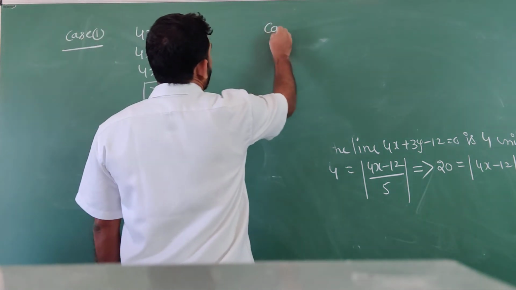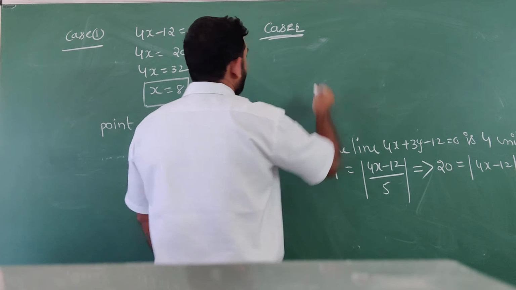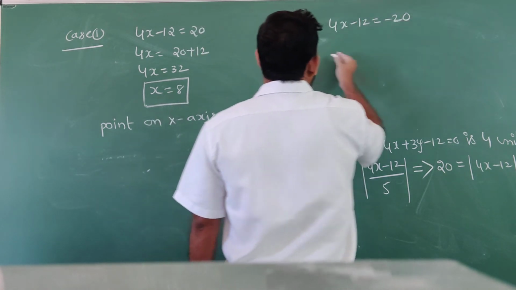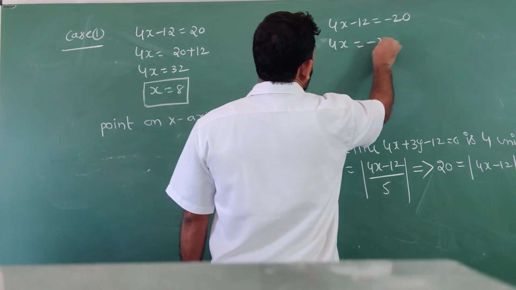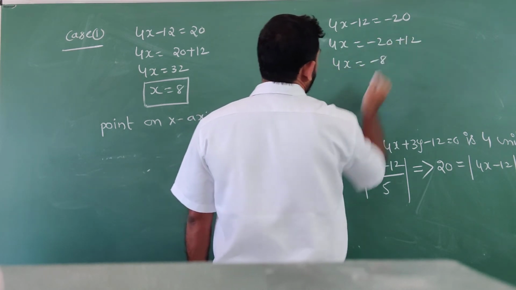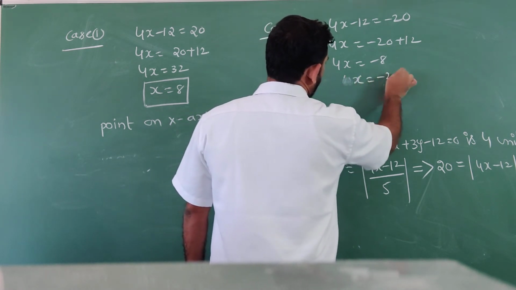Case 2: 4x - 12 = -20. So 4x = -20 + 12, 4x = -8, so x = -2.